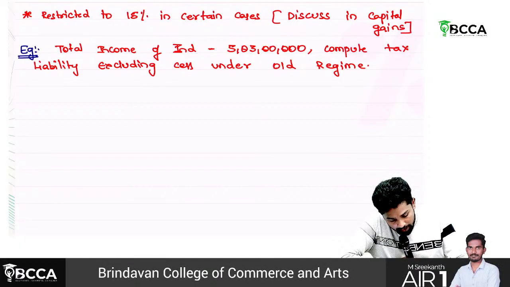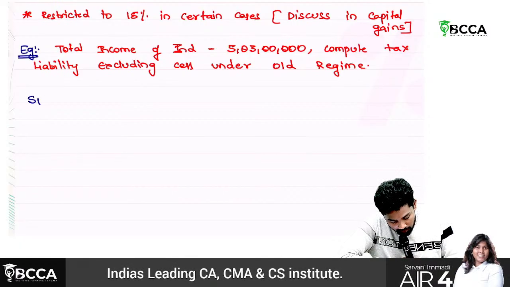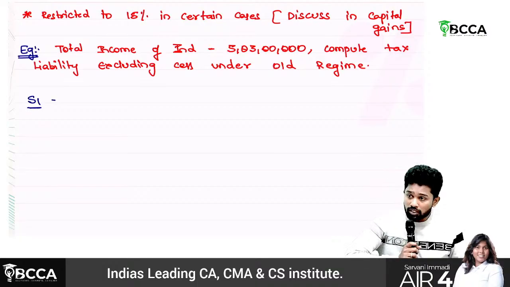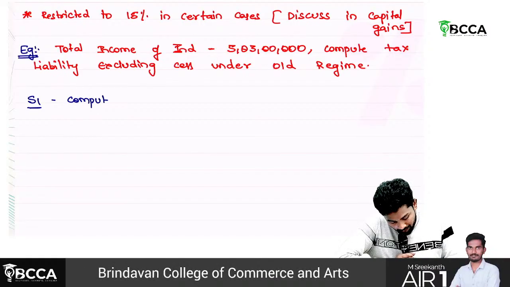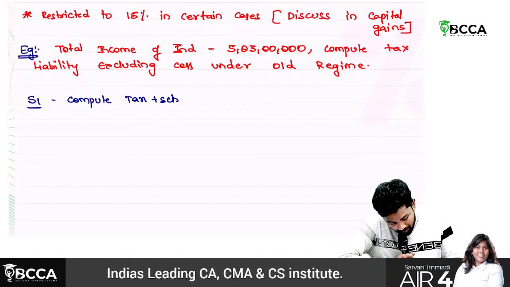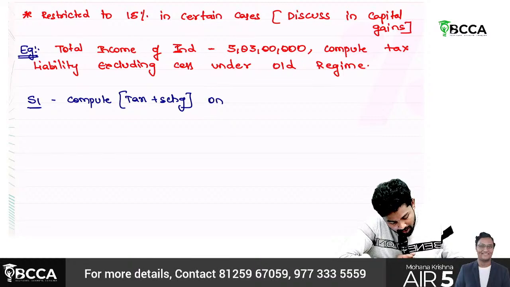So for the tax computation, what do we do in step 1? Compute tax plus surcharge on 5 crore 3 lakhs.